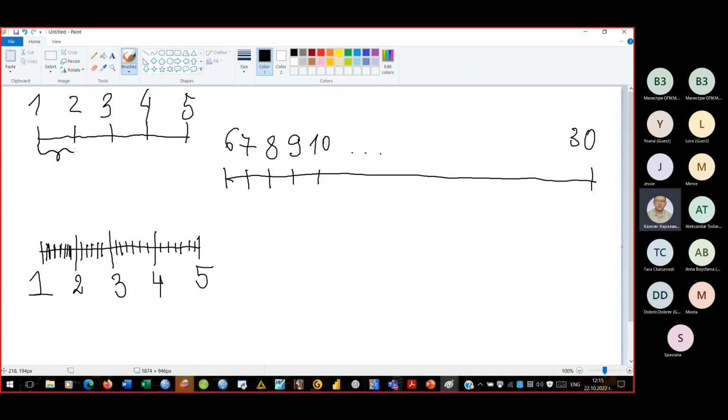The difference between 1 and 2 is 1. The difference between 2 and 3 is also 1. The difference between 3 and 4 is also 1, and so on. Here, difference between two values is smaller. And that means that using these average scores, we can measure distance more precisely.